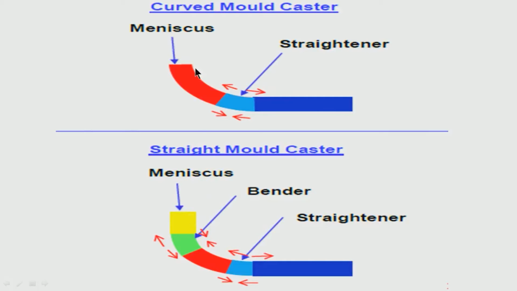But here, because a solid shell has already formed, there is a possibility of some inclusions getting entrapped in the solid shell forming during the initial stage of solidification. In the vertical mold that possibility is not there because it is going vertically. Here it is also going vertically, but since the mold is curved, the possibility of certain inclusions getting entrapped inside the solid shell is high.